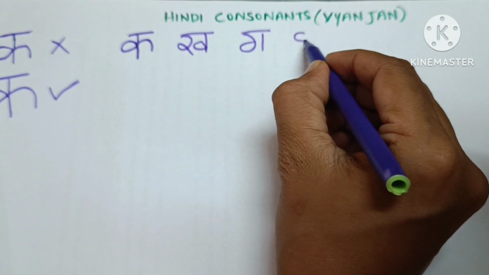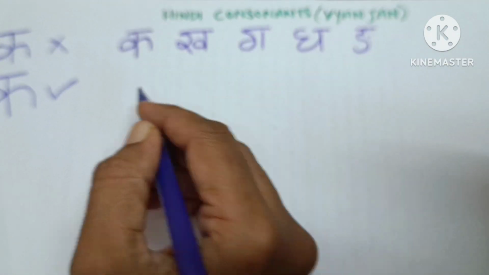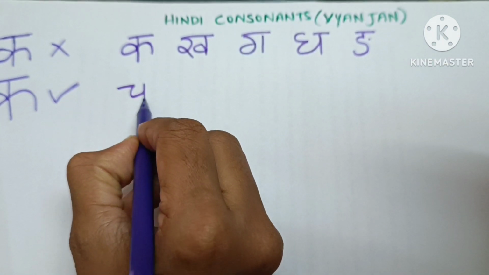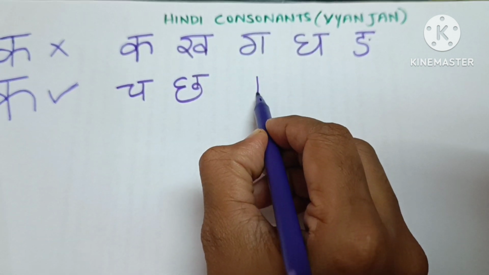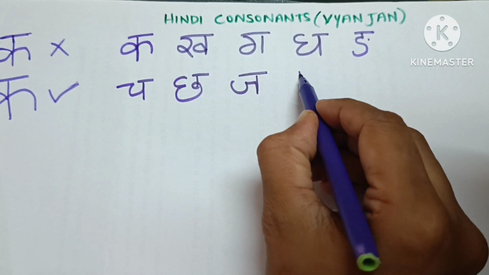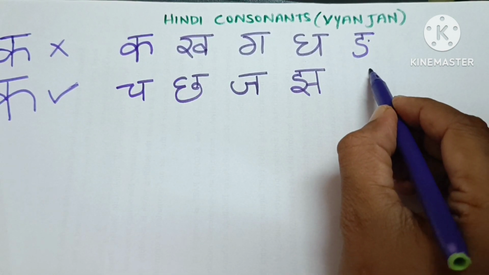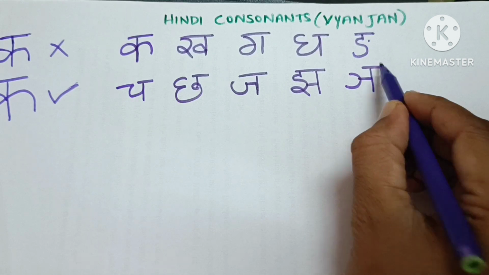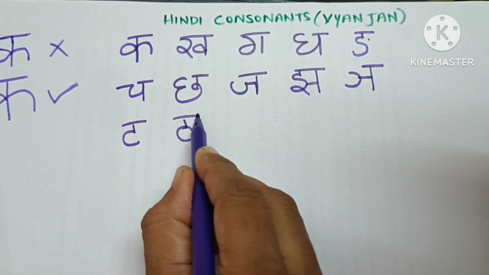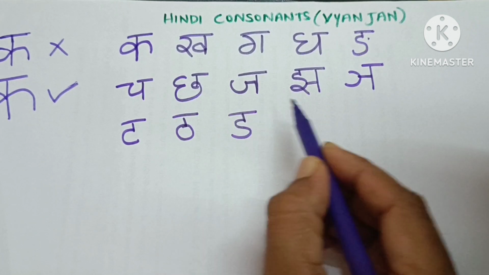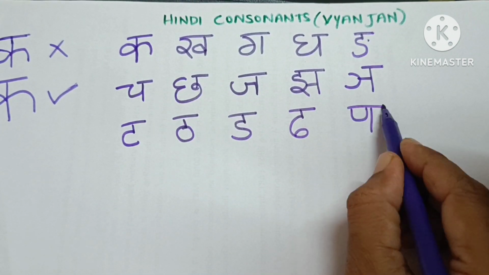G. G. Na. Ch, ch, j, j, nya, t, th, d, th, ra.